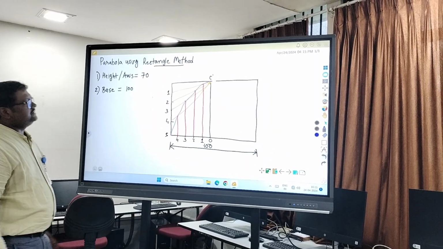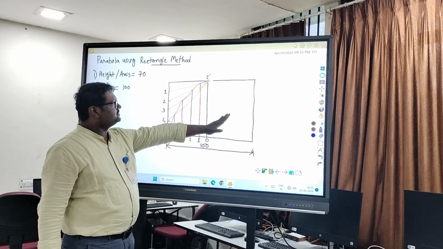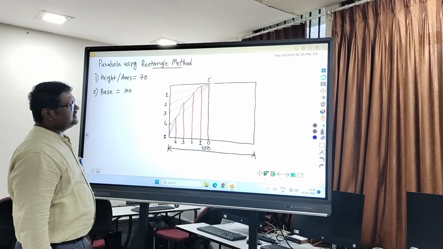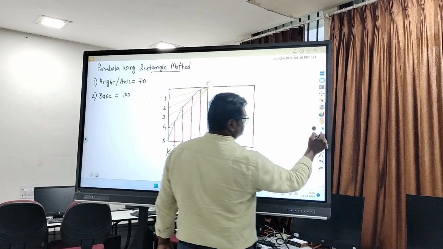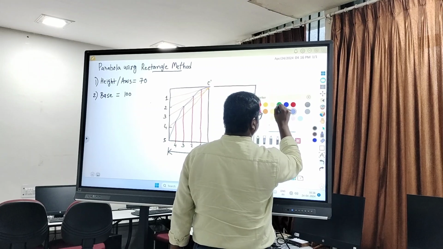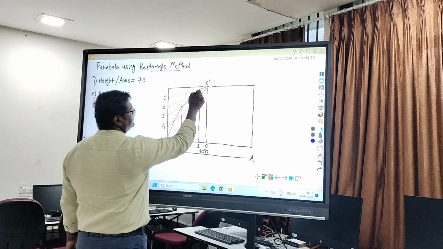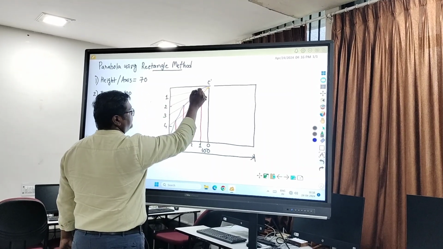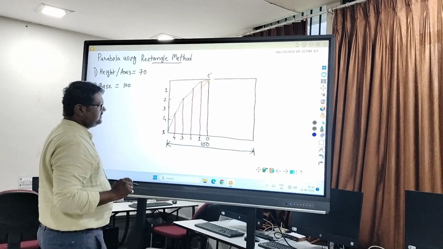You can use a similar method to reproduce the other half of the parabola, or we have an alternate method. What is the alternate method? For the alternate method, you have to draw horizontal lines from all these points: this point 1, this another point, the third point, and this point 4.